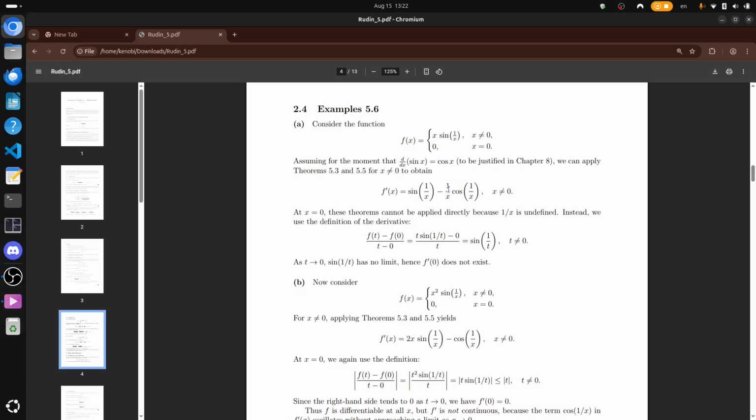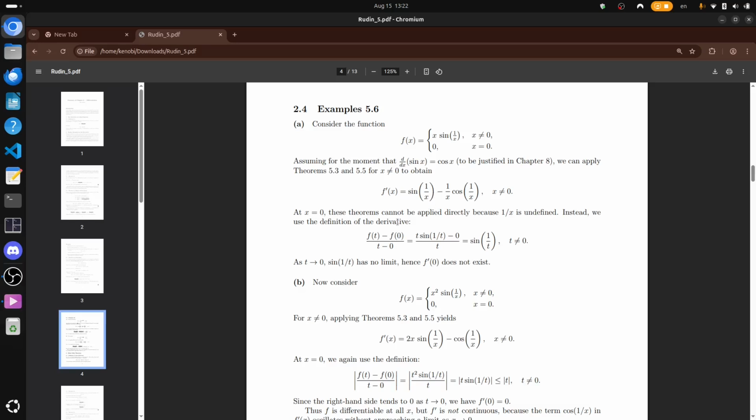That gives you negative 1 over x times cosine of 1 over x. And if we take the derivative of x and then multiply by sine of 1 over x, we just get sine of 1 over x, because the derivative of x is 1. So we're going to get this expression for f prime of x.